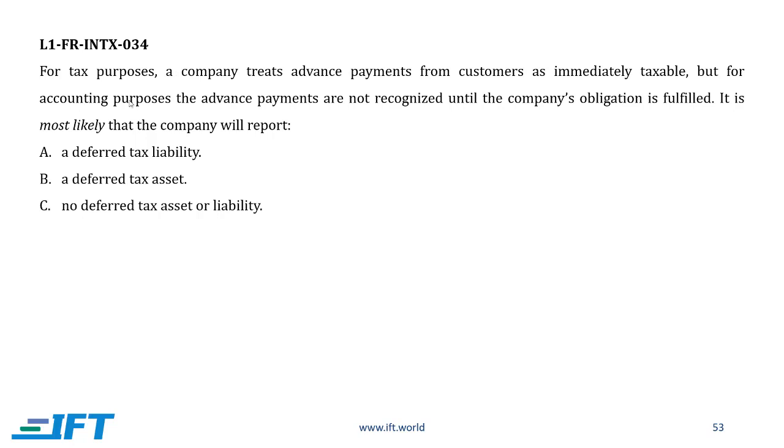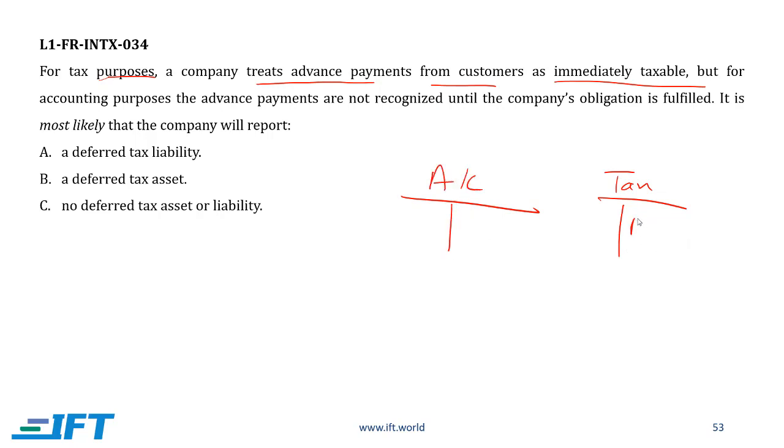So for tax purposes, the company treats advance payments from customers as immediately taxable. So we have tax book and we have accounting book. If revenues are increasing, your EBT will go up. Why are revenues increasing? Because we are treating advance payment immediately.